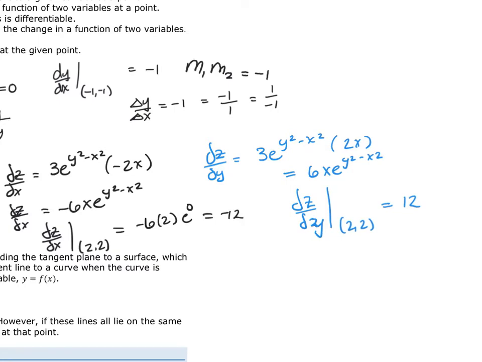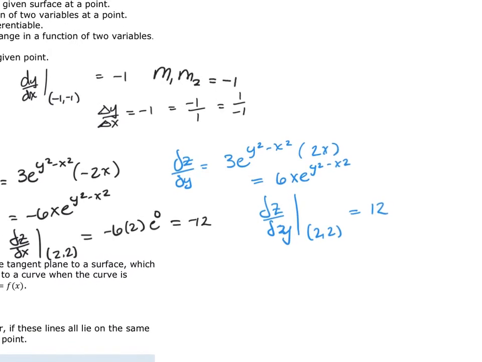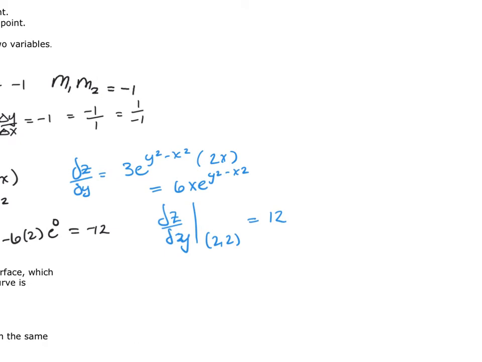To find a normal vector to the surface of my function, at the point x naught, y naught, and my output being f of x naught, y naught, I need a vector that's going to be parallel to the tangent of the curve produced by the intersection of the plane y equal to y naught and the surface of f at this point, right here.